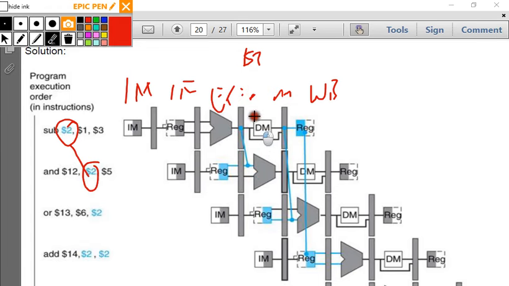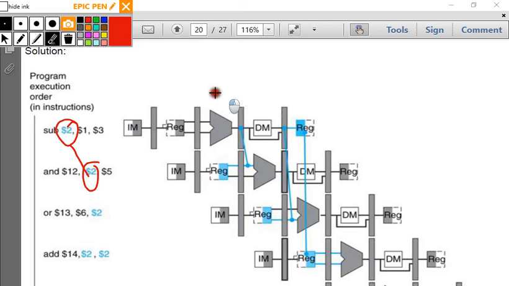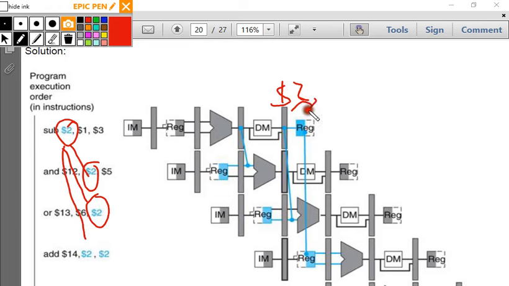So next, I have to worry about this next instruction, right? So here's the thing. Previously it was here. So next cycle, 2 is waiting here, right? So that's going to be a hazard. So then we get to this stage here.